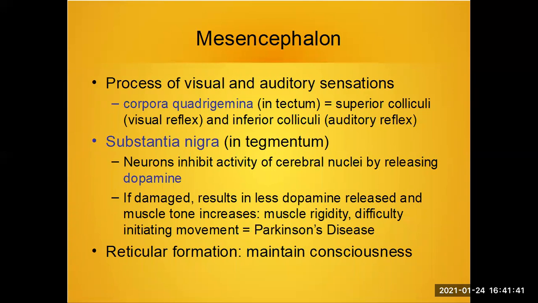Corpora quadrigemina in tectum consists of superior colliculi, visual reflex, and inferior colliculi, auditory reflex. Substantia nigra in tegmentum. Neurons inhibit activity of cerebral nuclei by releasing dopamine.